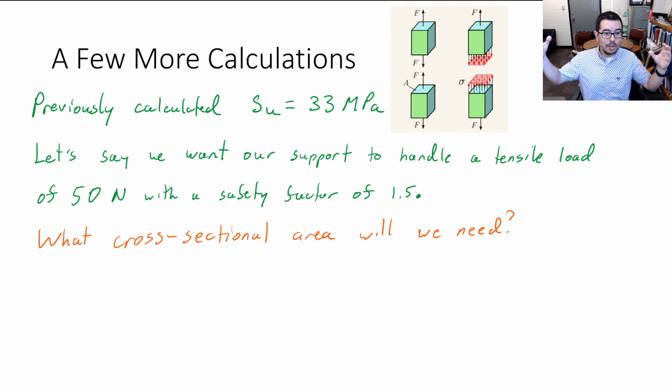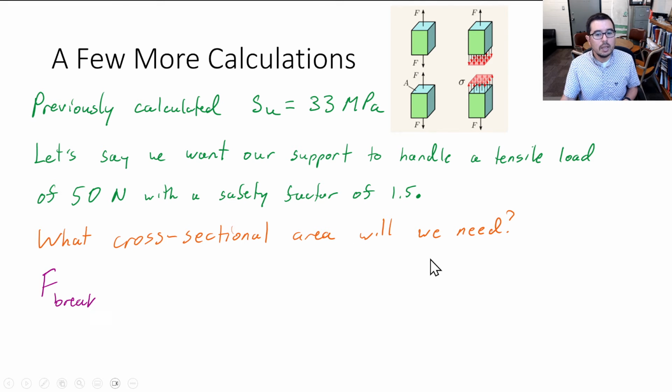If you take a large stick or branch or trunk from a tree, you know that the larger the diameter it is, the more force it's going to be able to handle. So what we want to do is design a cross-sectional area that will appropriately handle the force that we're discussing here. Well, what do we do?